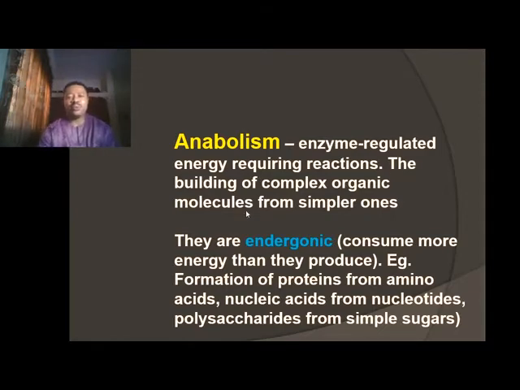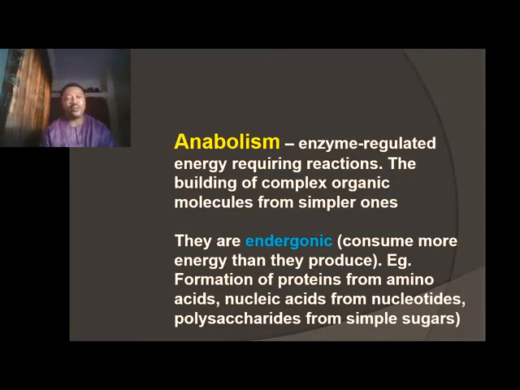An example is the formation of protein from amino acids. The amino acids are the building blocks, and when they are built up to form proteins, it constitutes an anabolic reaction. Nucleic acids also can be built up from the constituent nucleotides. We can call these nucleotides the monomers that come together to build up the nucleic acid.